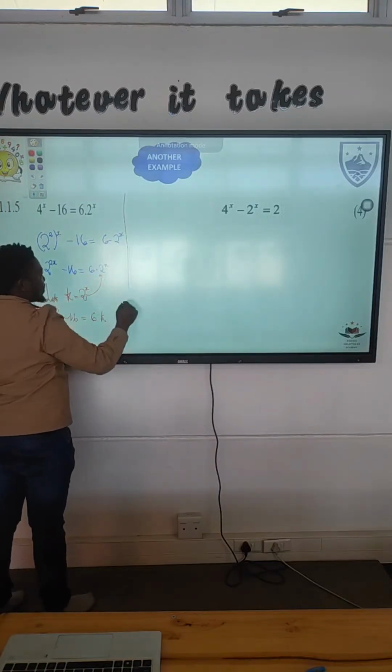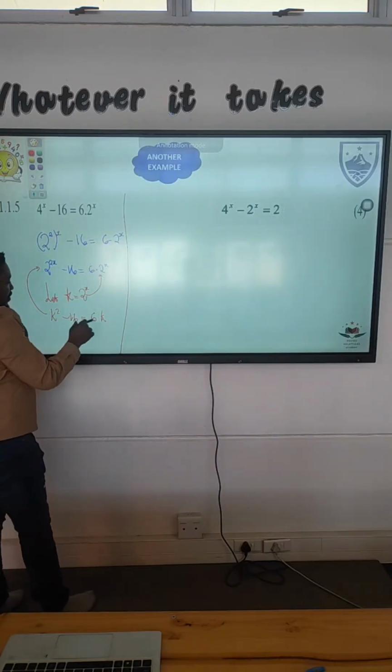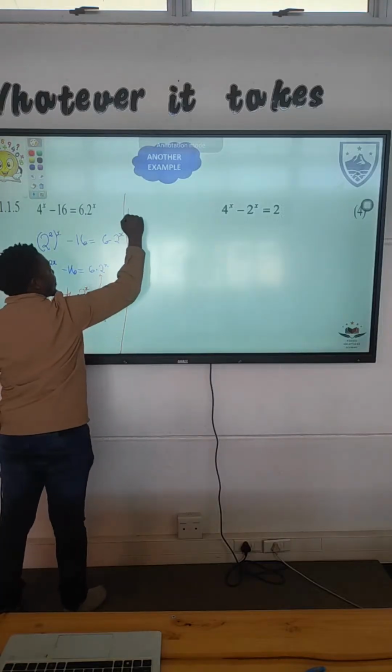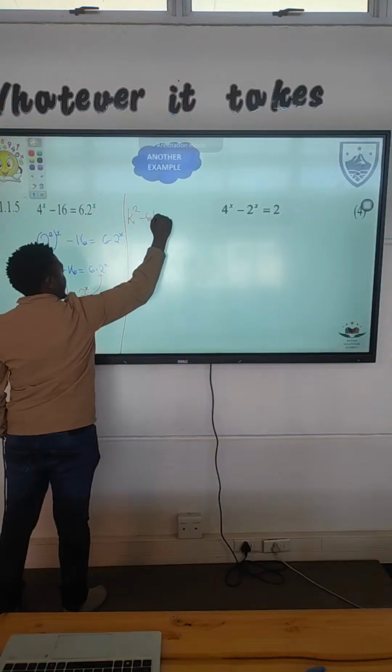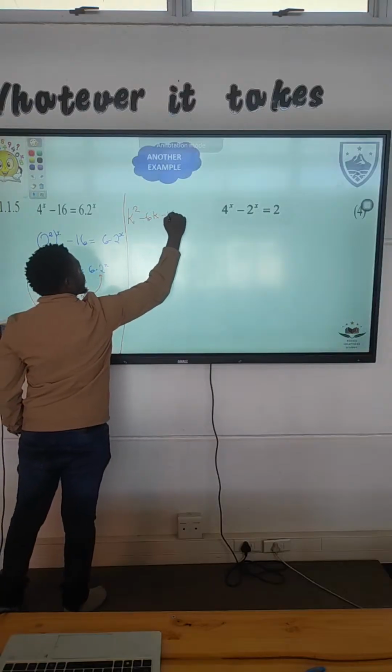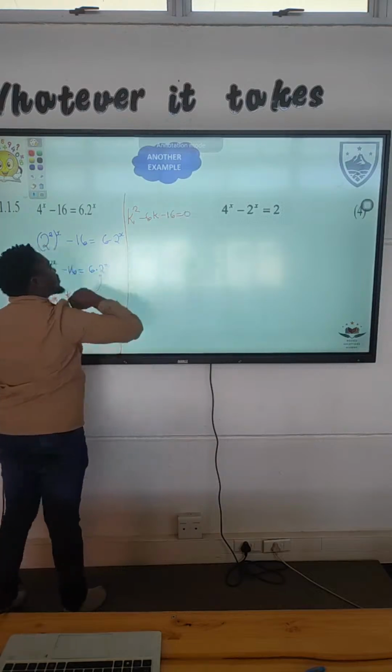And then we can simply see that the problem now becomes easy, because now I have k squared minus 6k minus 16 being equal to 0.